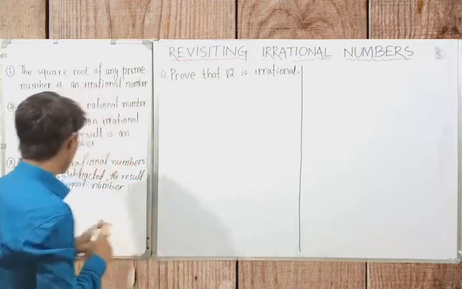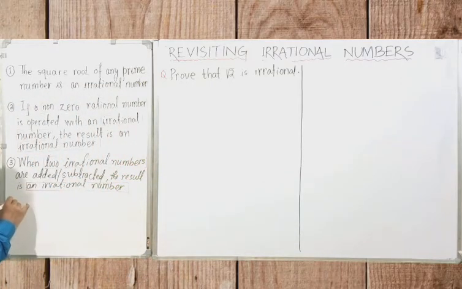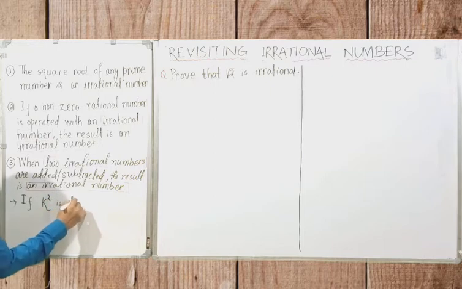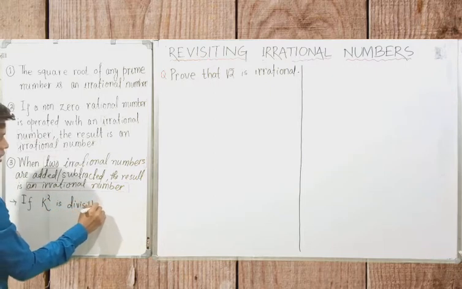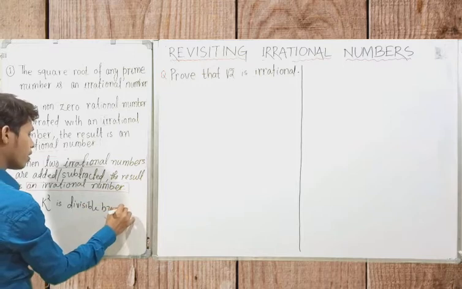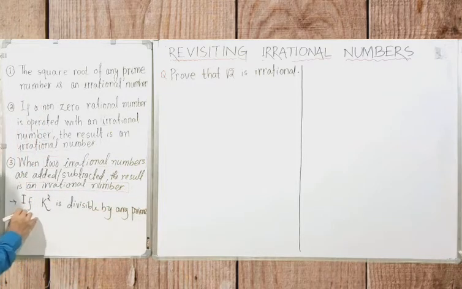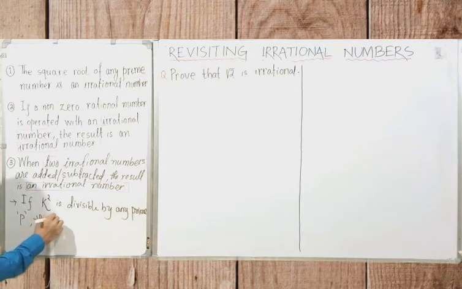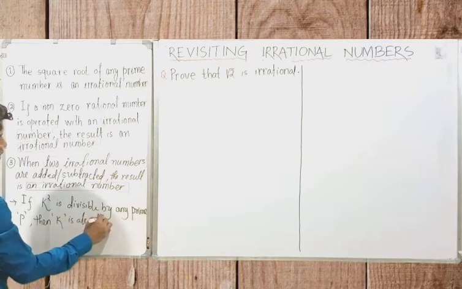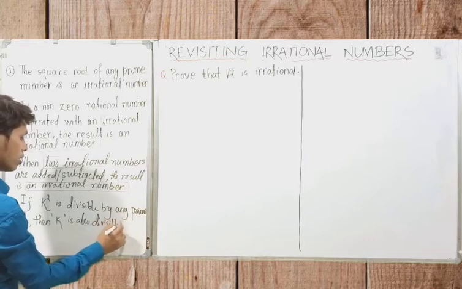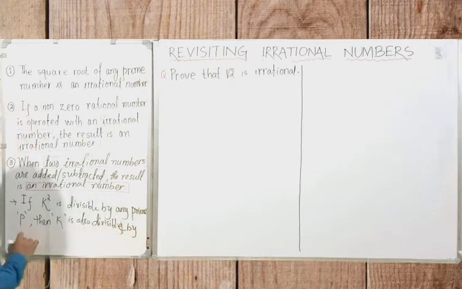And that says, if k square is divisible by any prime number p, then k is also divisible by p.